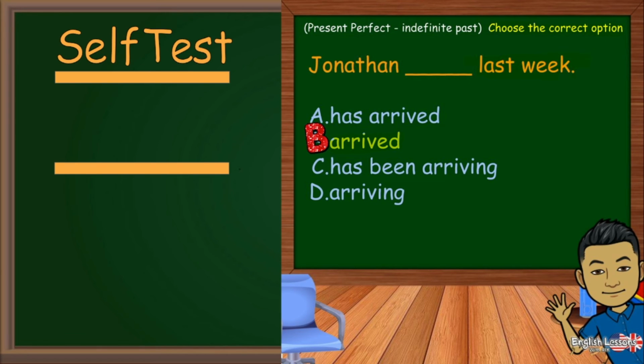Then we have to use the simple past tense, arrived. Remember, we use the simple past tense in this case because we are expressing something that happened at a specific moment in the past. We can't use the present perfect form. Jonathan arrived last week.